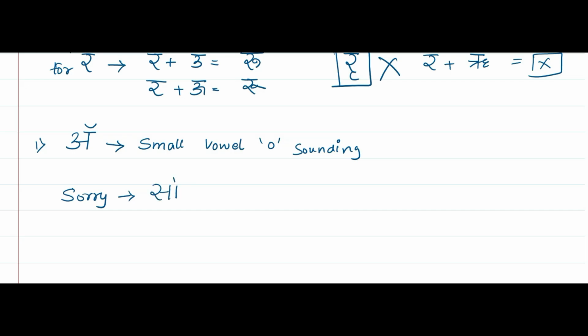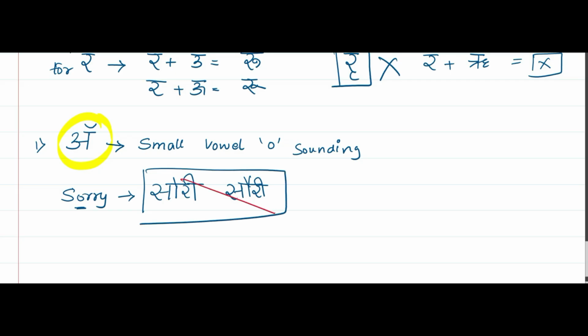So we want that O, like the English O that is used. That's why this is introduced, to make it easier to translate English into Hindi.